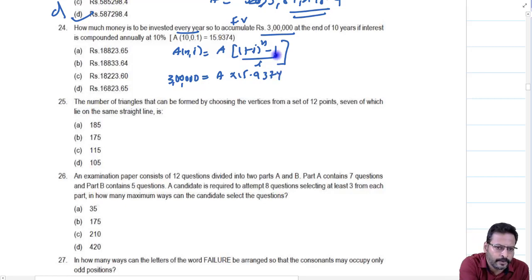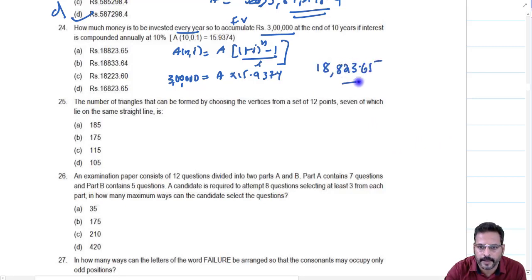Therefore A is equal to 3 lakh divided by 15.9374. So we will get the answer as 18,823.65. So the answer will be A. Choice A will be the answer.